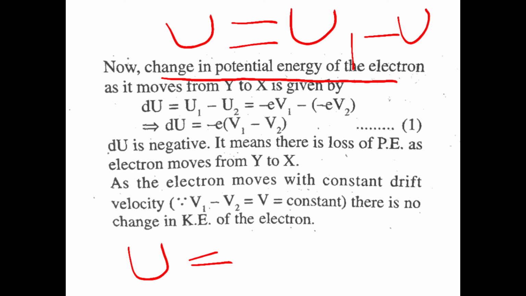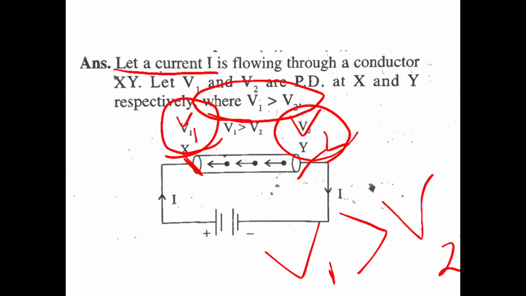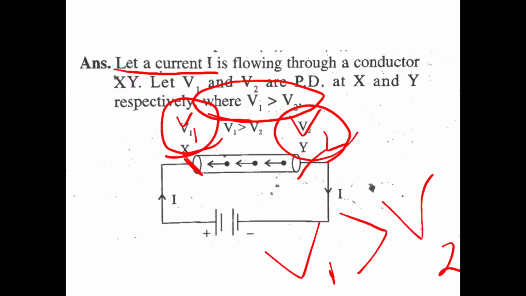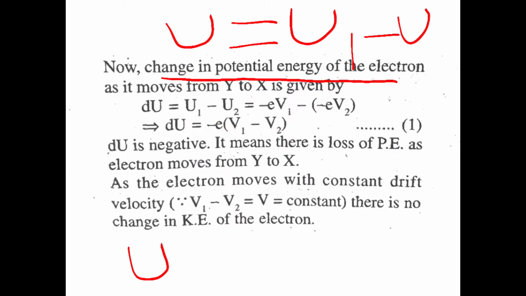Here in this conductor, electrons are passing from the end Y towards the end X. So the charge of an electron is minus e. The charge is minus e, and potential is V. So dU, the change in potential energy, is U1 minus U2.